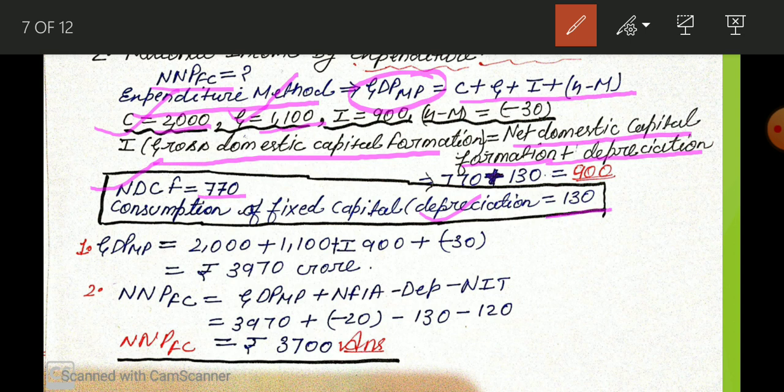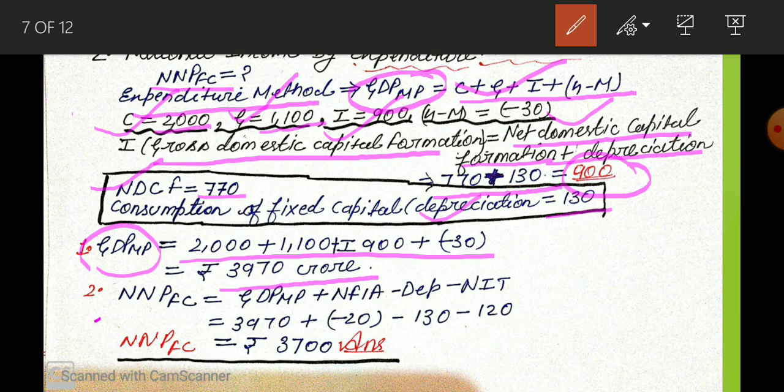So when we add 770 to 130, we get the value of 900, and this is your I, gross investment. Okay, X minus M is given -30. Now when we put all the values in this equation, we get GDP MP equal to 3970 crore.